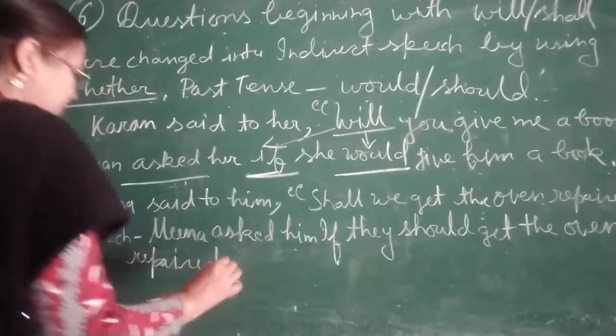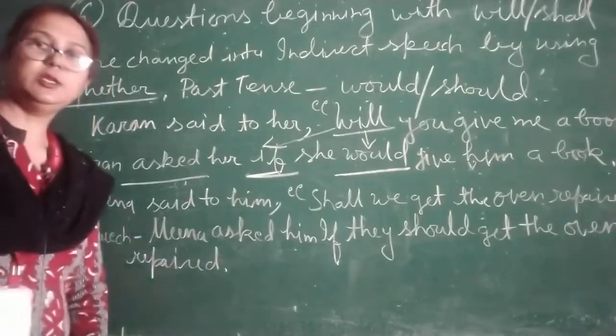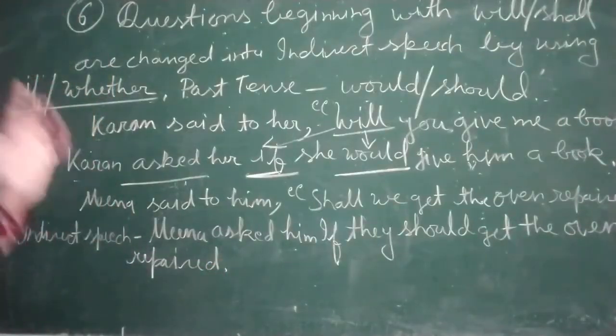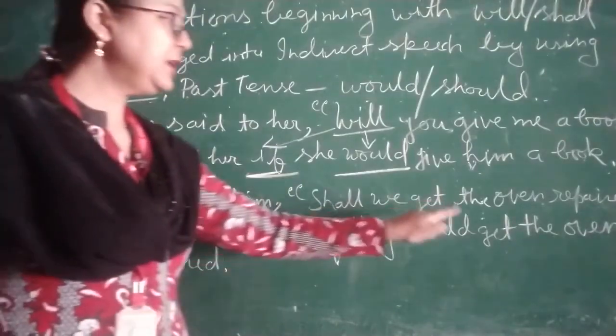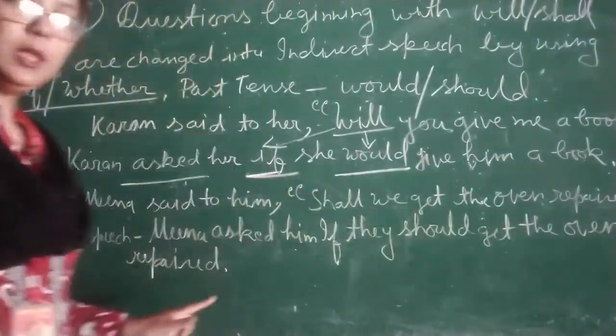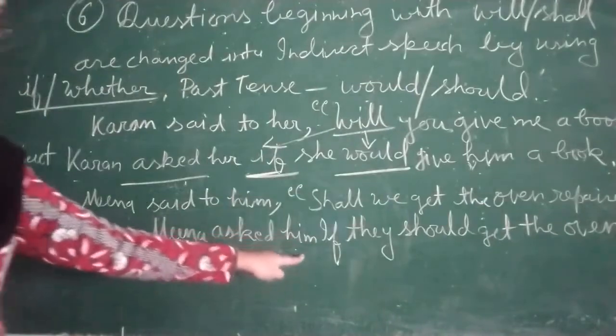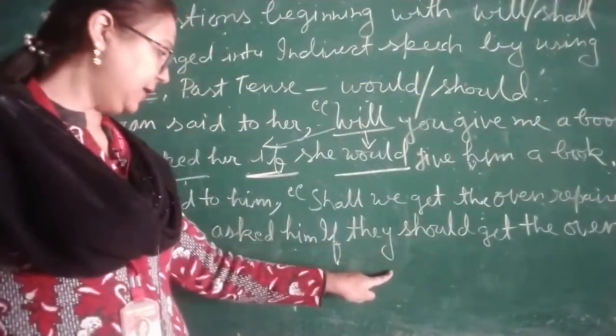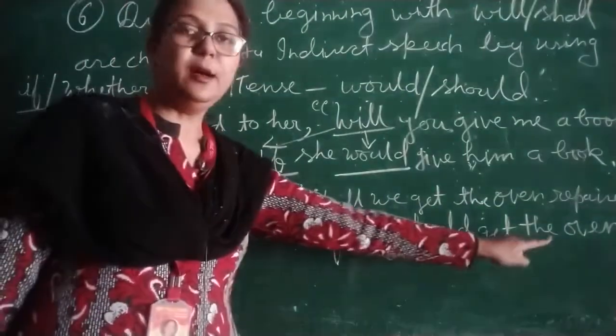Okay. So here children, you can see the changes what we have done. Meena said to him, shall we get the oven repaired? Now Meena asked him if they should get the oven repaired.